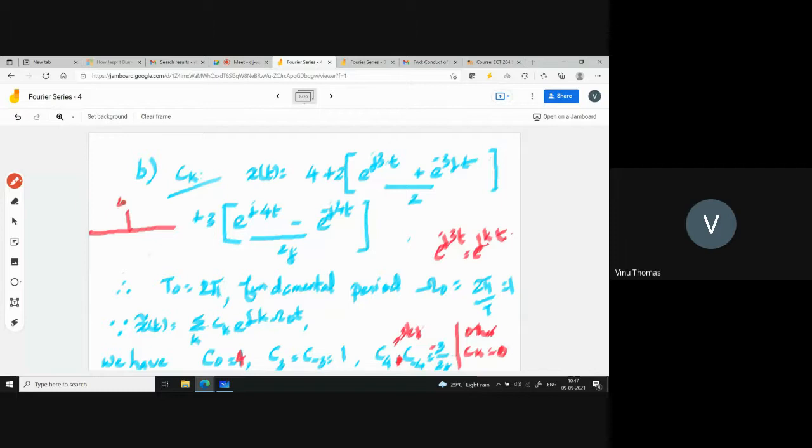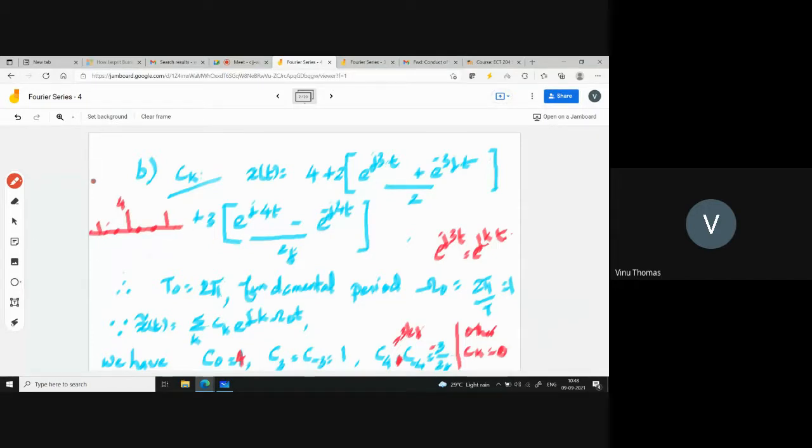So C0 is equal to 4. You don't have C1, you don't have C2, you have C3 is equal to 1. C minus 1 and minus 2 are equal to 0. And then you have C4 is equal to minus 3 by 2j.